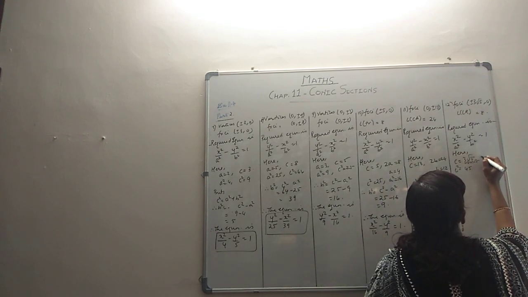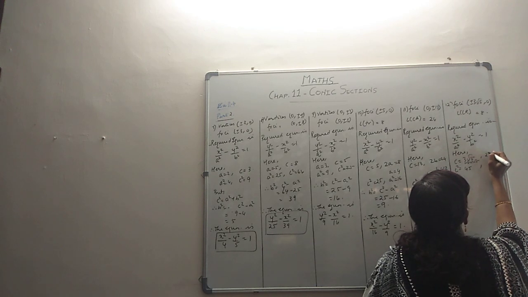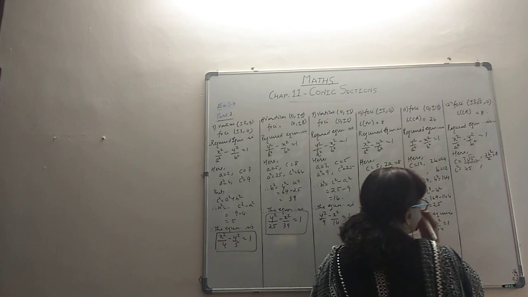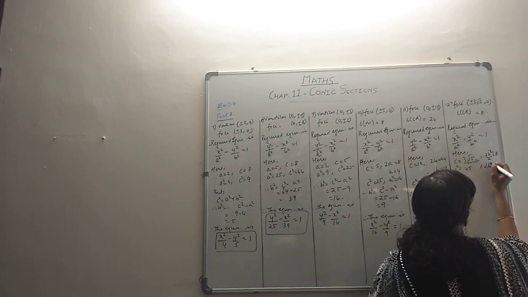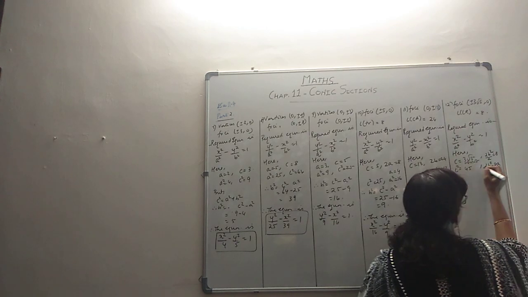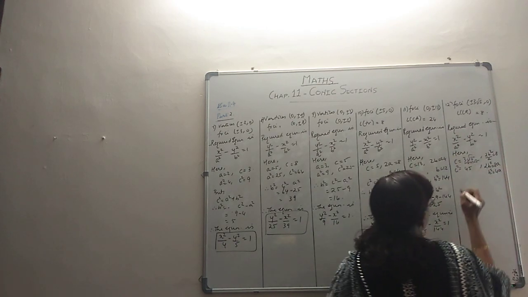And you have 2b squared by a as 8. Right. So that means you have 2b squared becoming 8a. Or rather you have b squared becoming equal to 4a when you get the 2 on the other side.